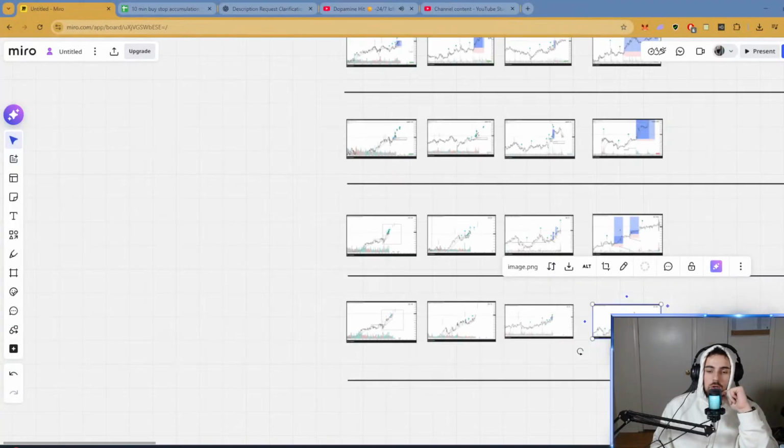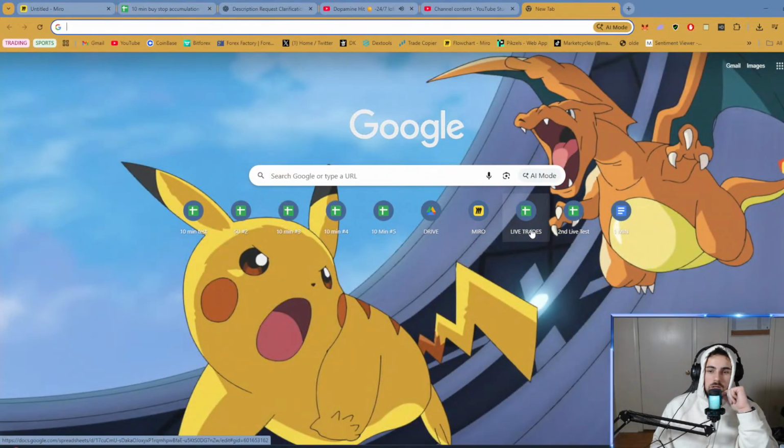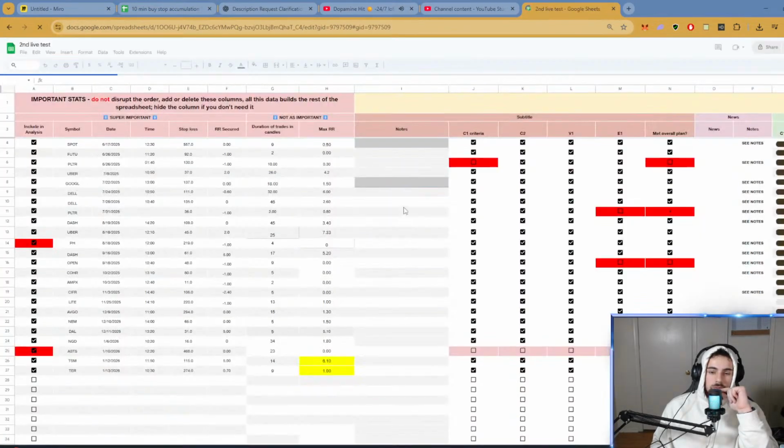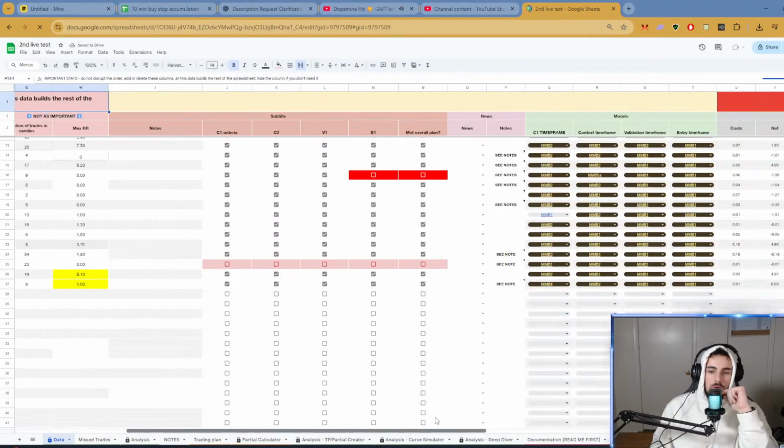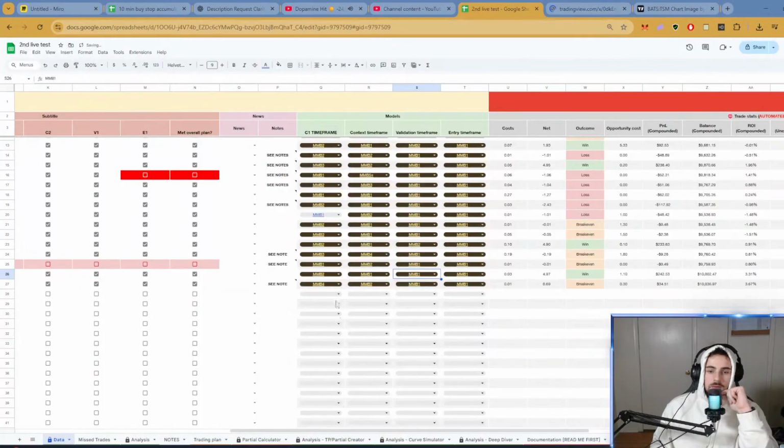So I'll actually show you my last trade. I just created a video on my last trade that will be coming out tomorrow. But I'm going to open up these screenshots for you here so I can kind of explain.